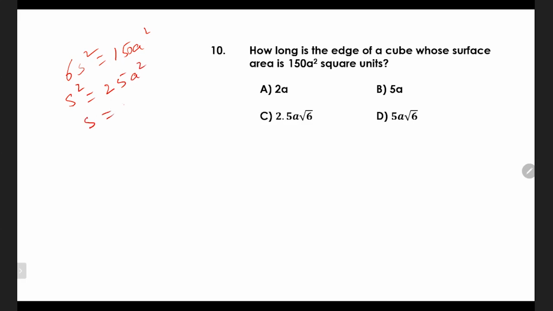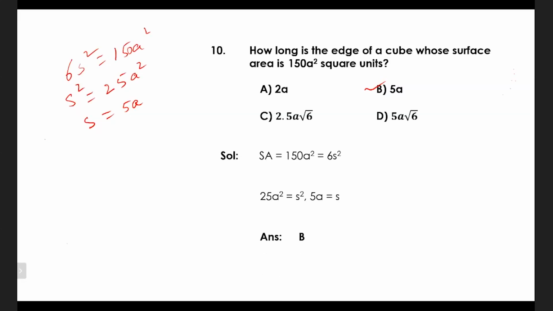Side equal to 5a. So option B. Right, children? Please note it fast, quick.